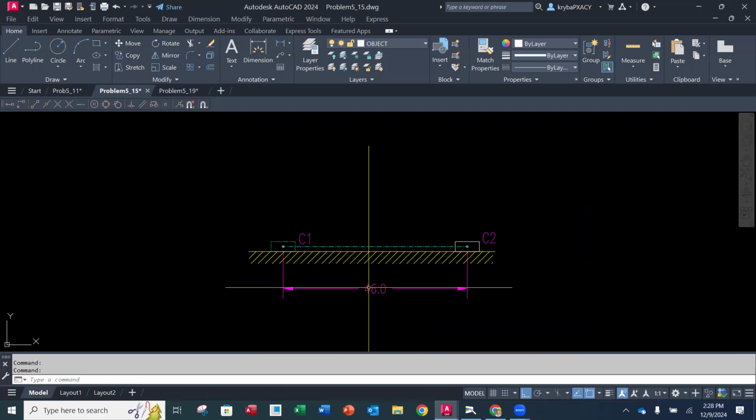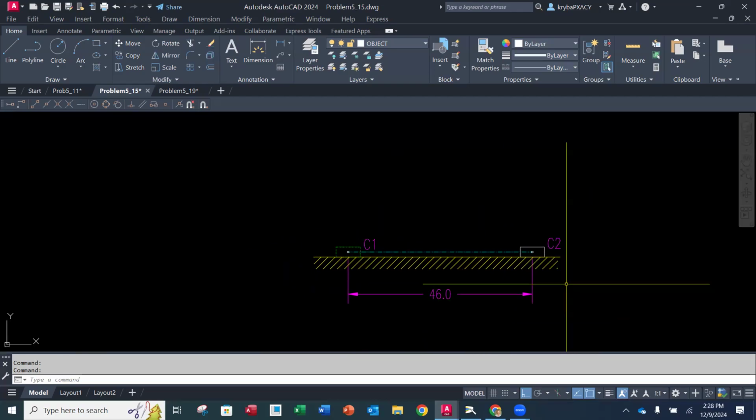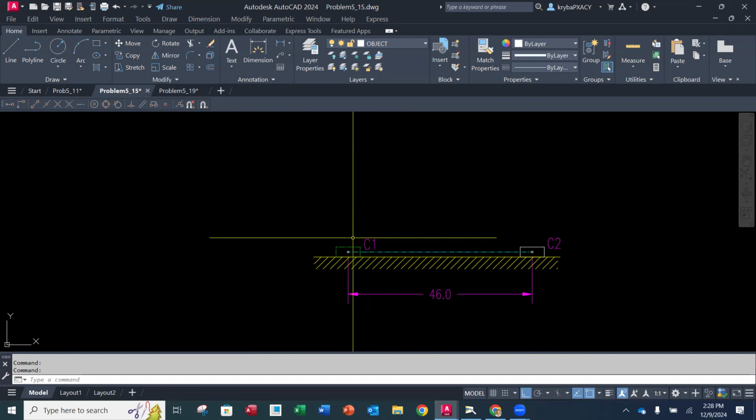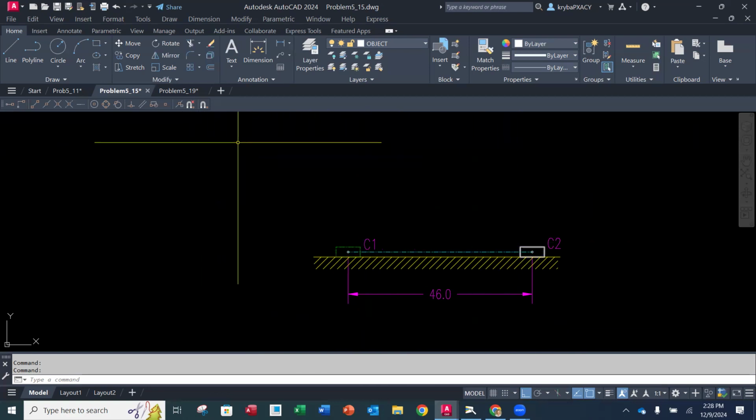So I drew in my 46 here. Then in order to get where this center of rotation is, I need to have the intersection of where AC1 is and AC2.